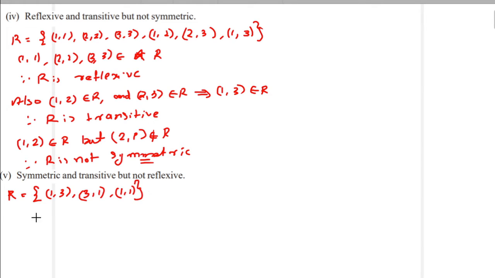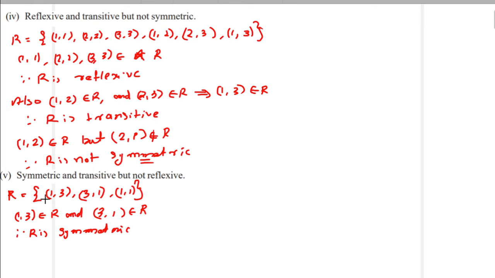In this relation R, (1, 3) belongs to R and (3, 1) belongs to R. Therefore R is symmetric.